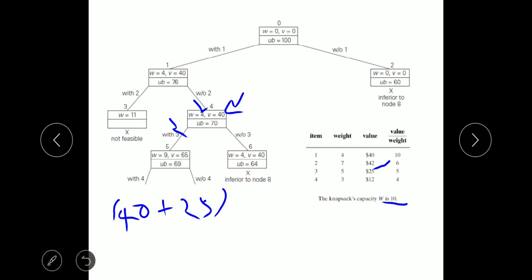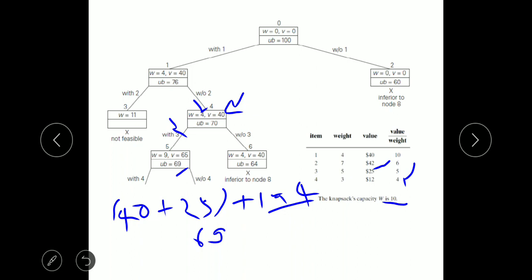So this 65 plus the remaining capacity of the knapsack. 4 plus 5 is equal to 9. So your knapsack is left with only one empty space, into the payoff of the next element, which is equal to 4, right? So it is now 65 plus 4, 1 into 4 is 4. So the upper bound is now equal to 69.